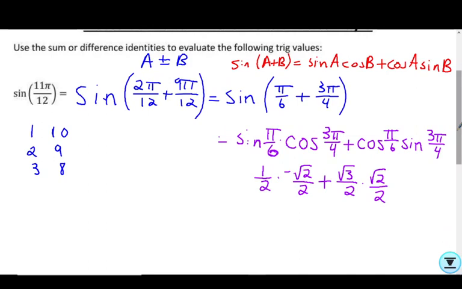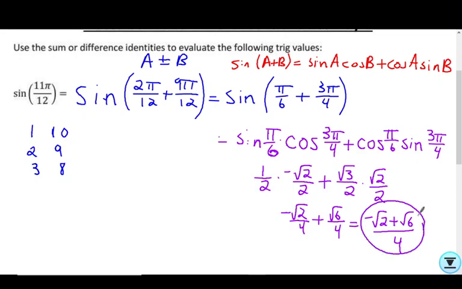Those all just came from our unit circle. Now we multiply them. So we're going to get negative root 2 over 4 plus the square root of 6 over 4, which is negative root 2 plus root 6 over 4. And that's our answer.